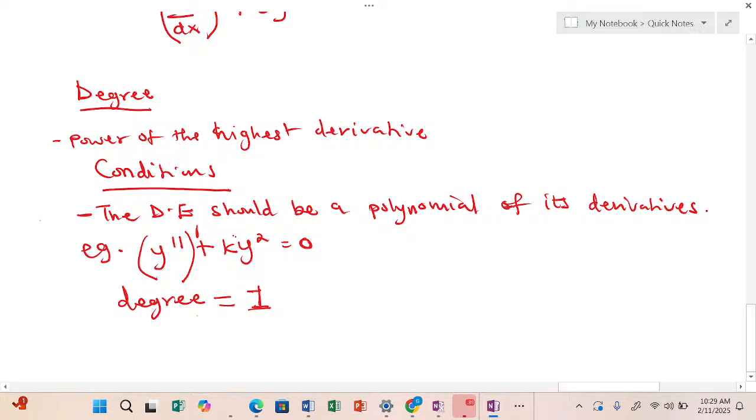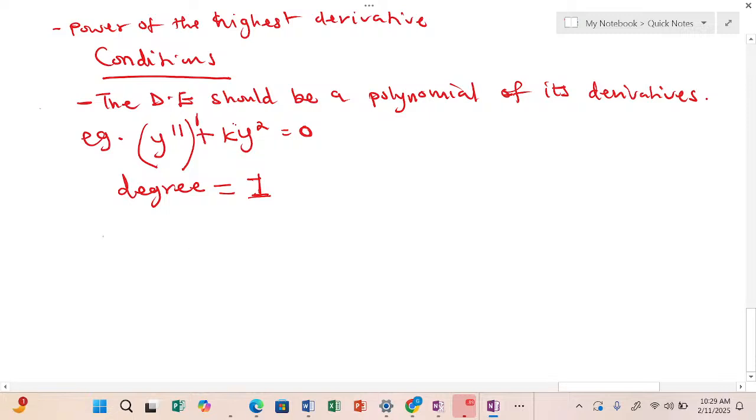Alright, so we take a second example on the degree. Example 2. Here we have dy/dx plus sine (dy/dx) is equal to 0.